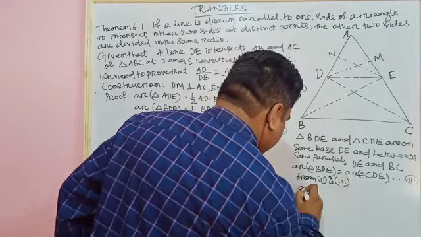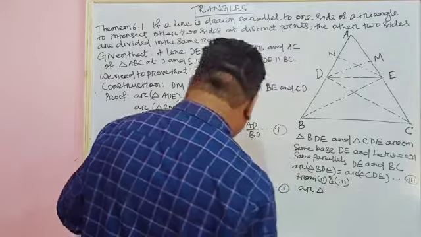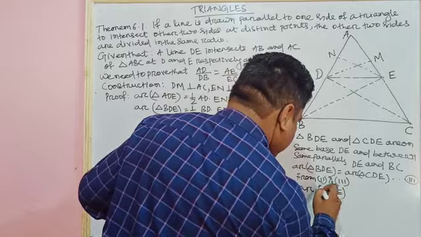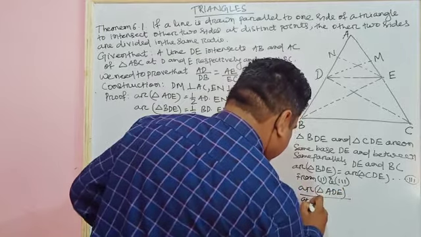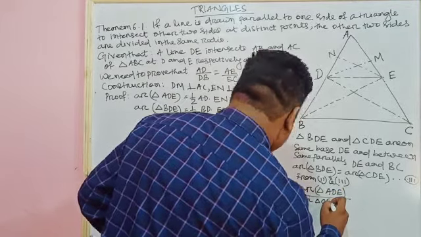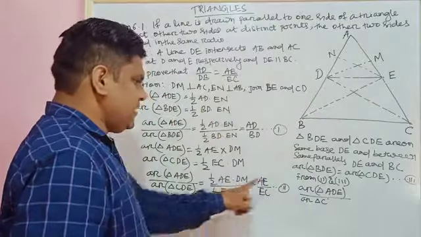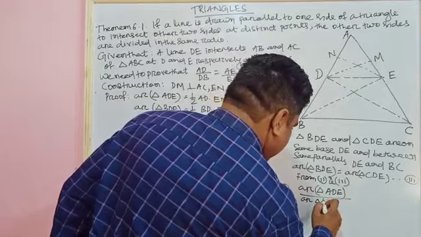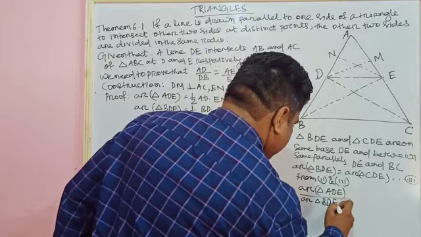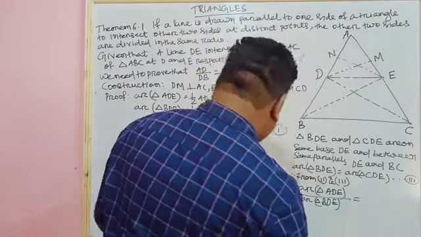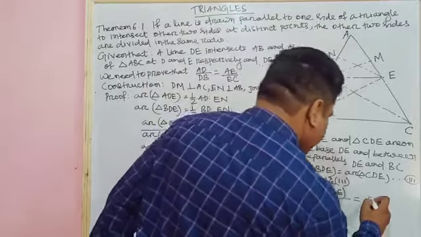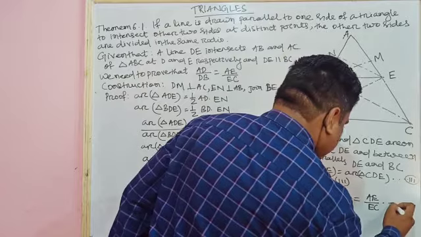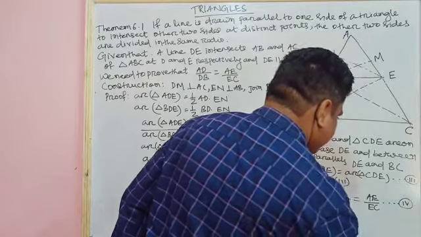Area of triangle ADE by area of triangle, in place of CDE, we have to write area of triangle BDE. Let's write this. Area of triangle BDE is equal to AE by EC. Let it be equation 4.